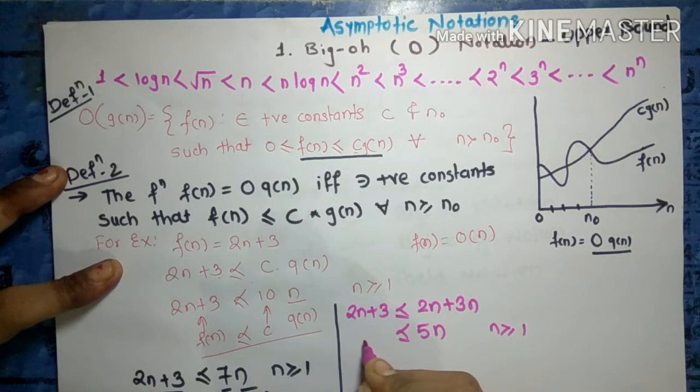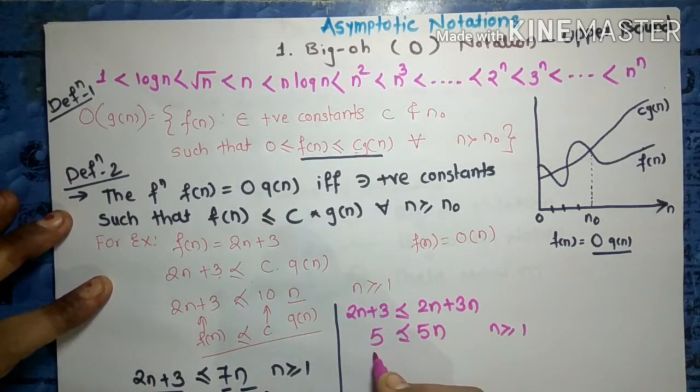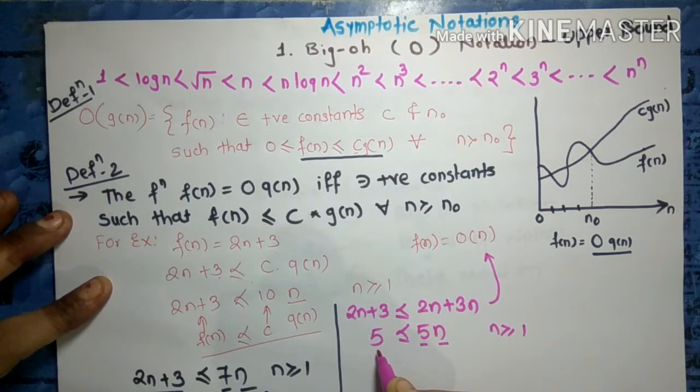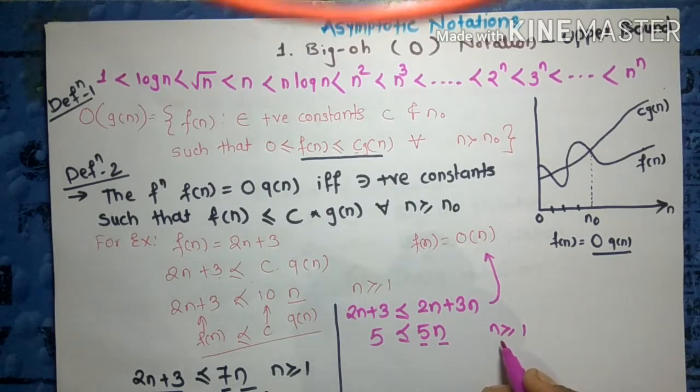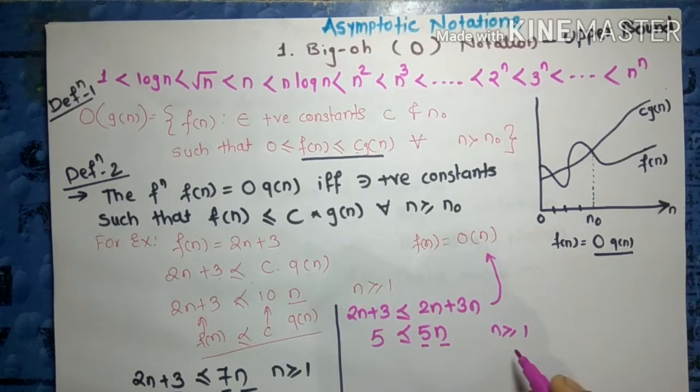This will be 5, so 5 is less than or equal to 5n here. So this is f of n, this is c, and this is g of n. Again this is true because 5 is less than 5n. For any number greater than 1, you can check it here.